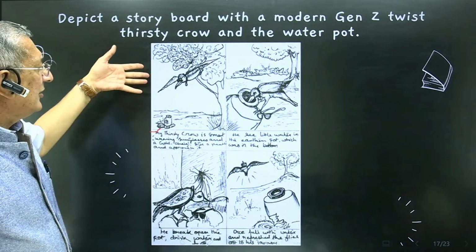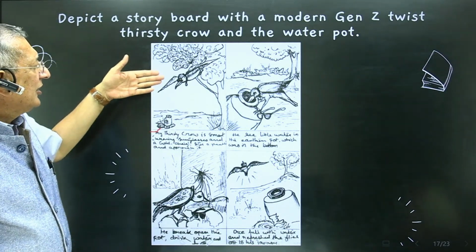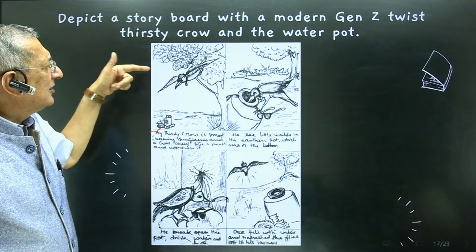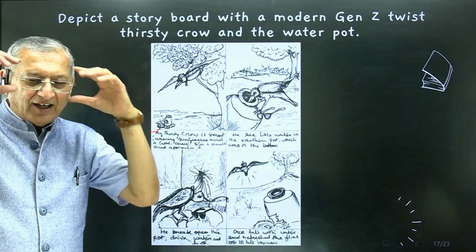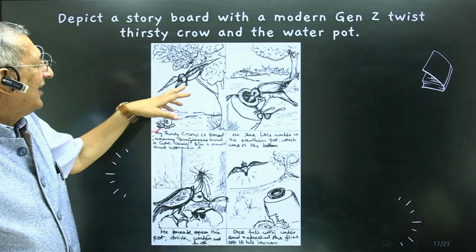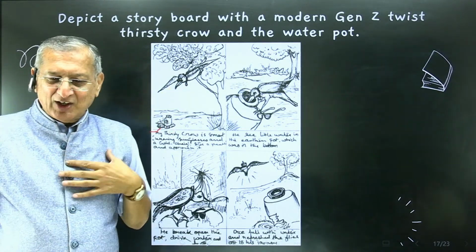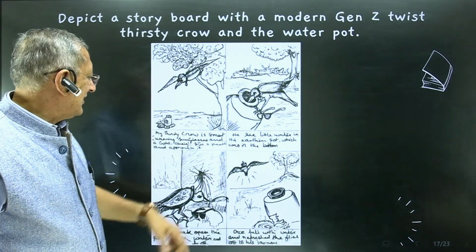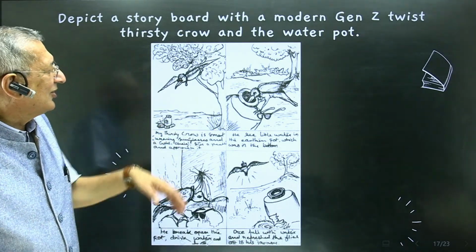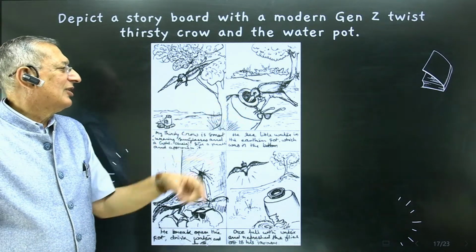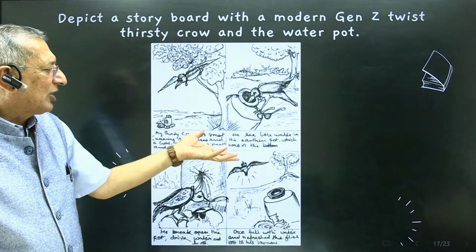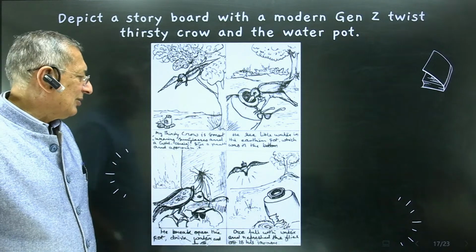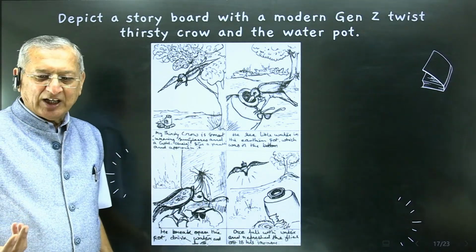So here is the Thirsty Crow story. Here my smart Thirsty Crow is with sunglasses, with a chain and a locket, and he finds that pot, wherein he comes, looks into it. Now the water is seen in the bottom. In the original story, what happens?